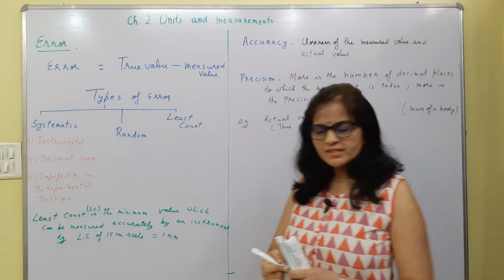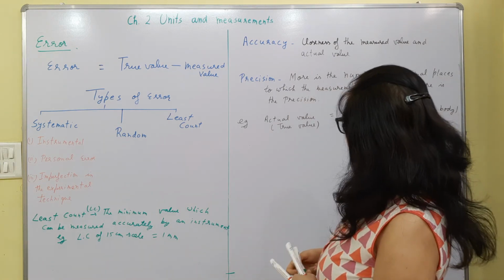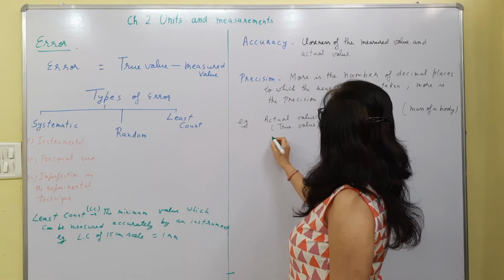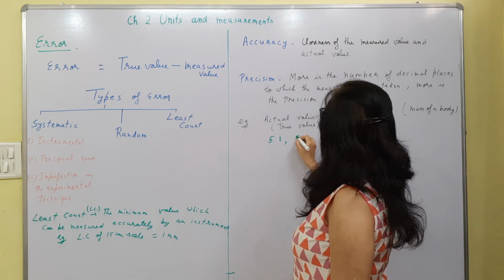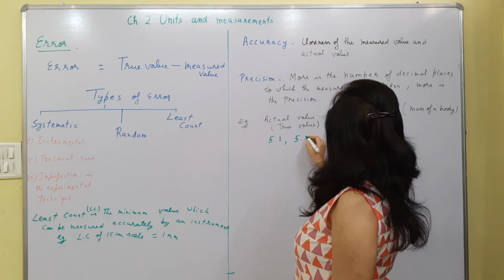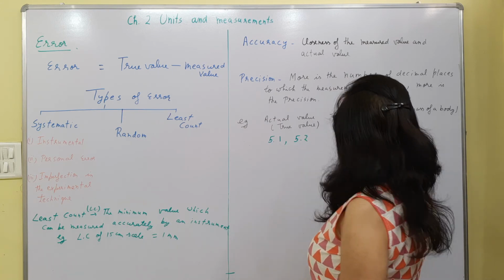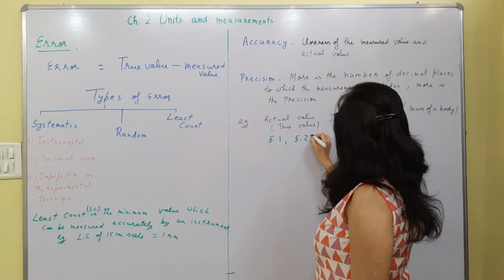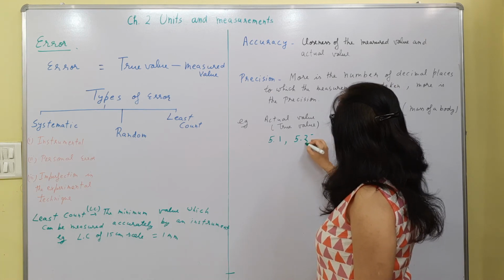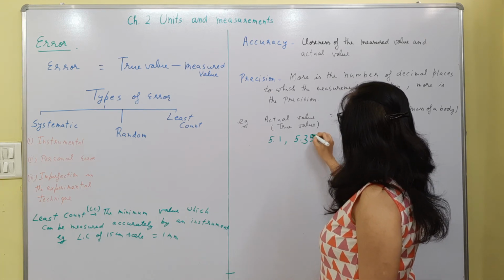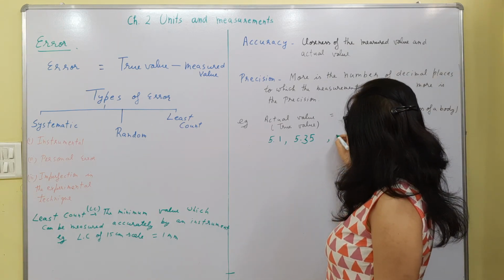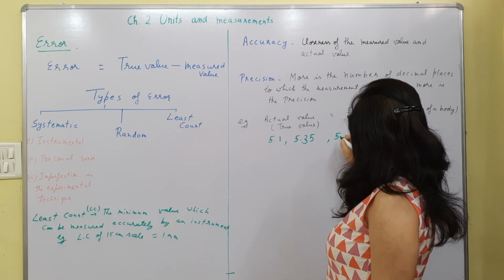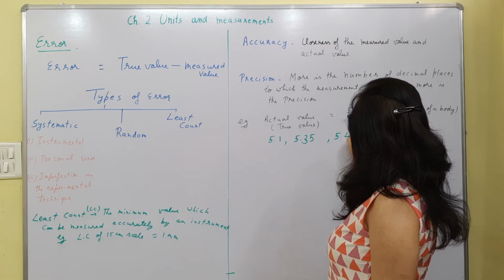And there were three measurements which were taken. We are taking an example: three measurements, suppose 5.1, 5.35, and 5.4, right?